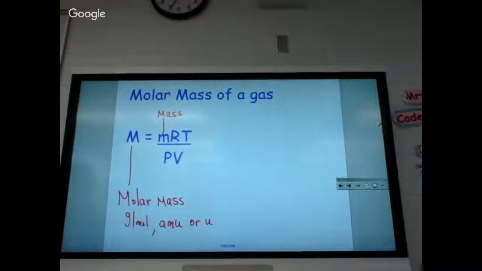Is it like atomic mass or what? Okay. Well, atomic mass would be for a singular element, and this would be the mass of a compound. Yeah, molecular mass is another name for it.